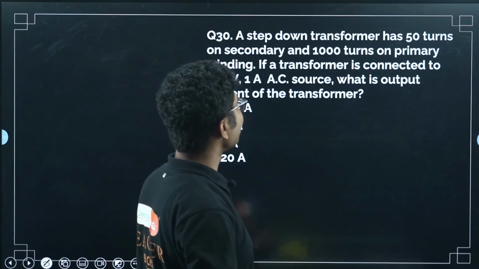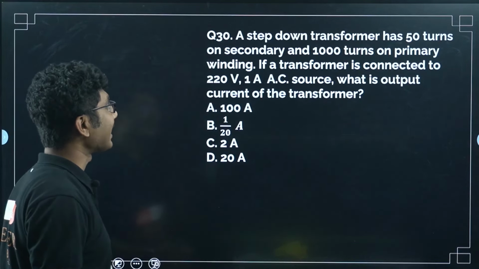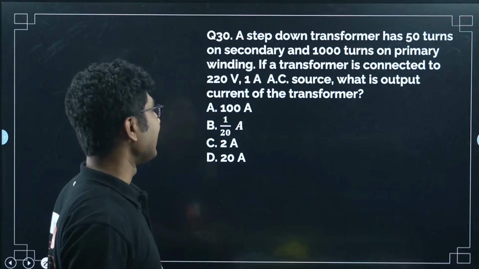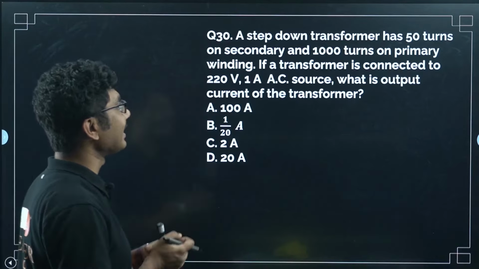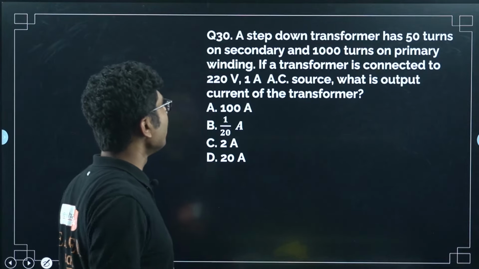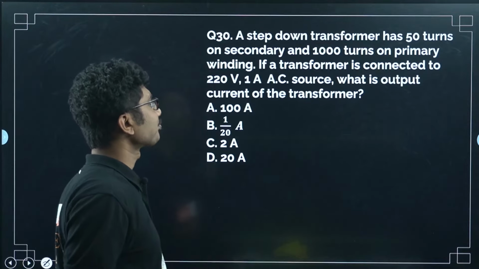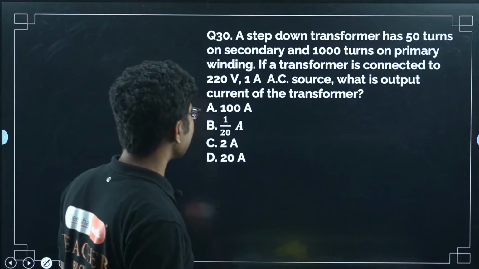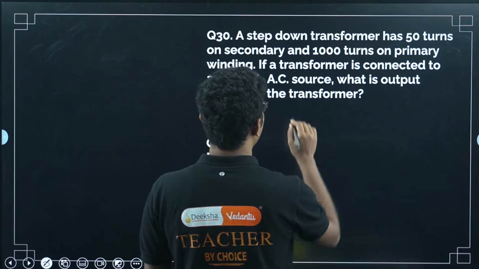A step down transformer has 50 turns on secondary and 1000 turns in the primary winding. If the transformer is connected to a 220 volt, 1 ampere AC source, what is the output current of the transformer? So first of all, what is the input power?